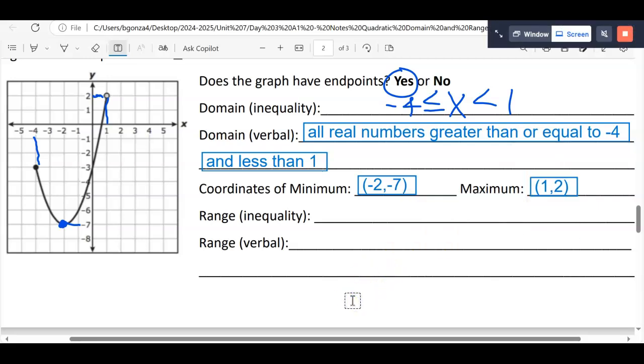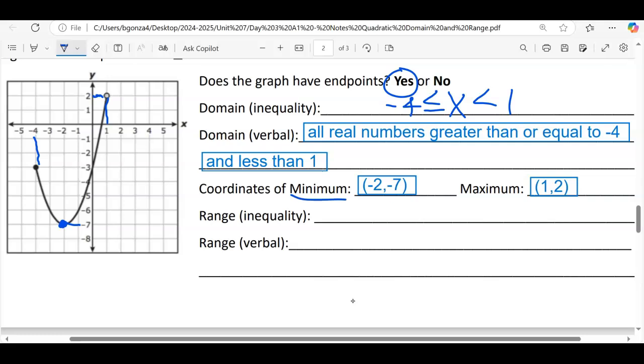All right, now the range inequality, we have to go from the lowest y to the highest y. So here's why we just wrote this down. Isn't the lowest y on the minimum right here, -7? And isn't the highest y on the maximum right here, +2? I mean, if you look at the graph, didn't we just say like, hey, look at this line, -7, +2.